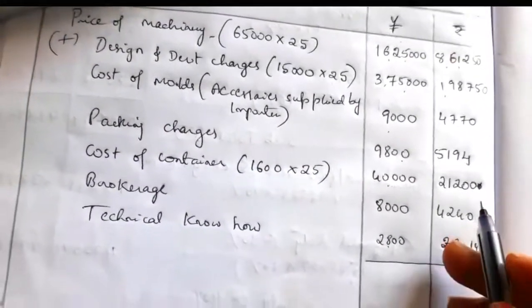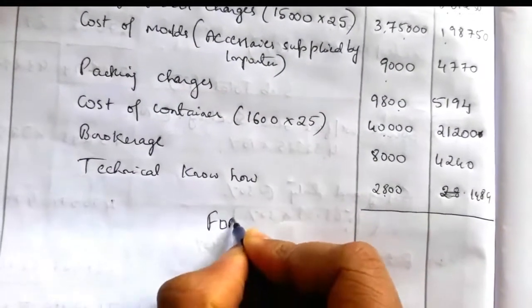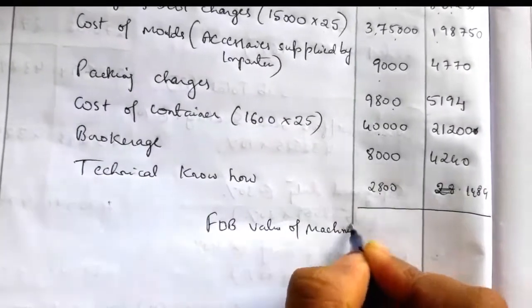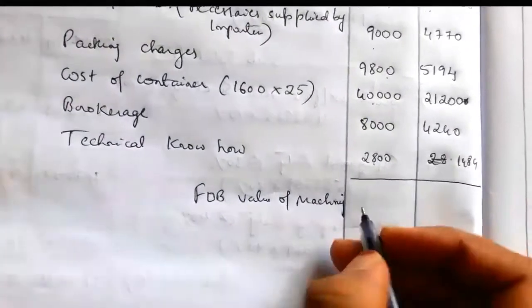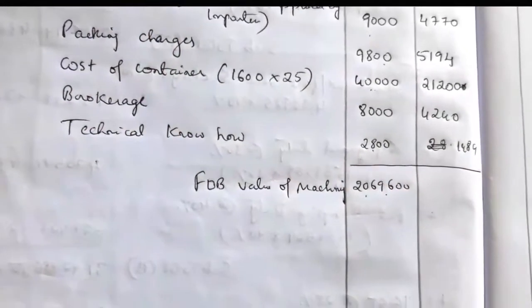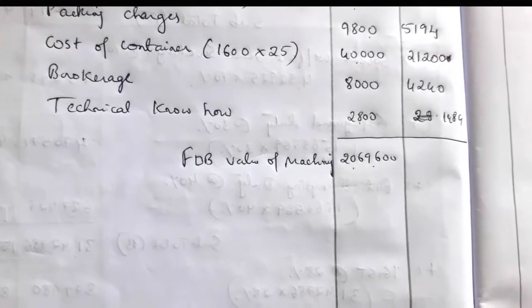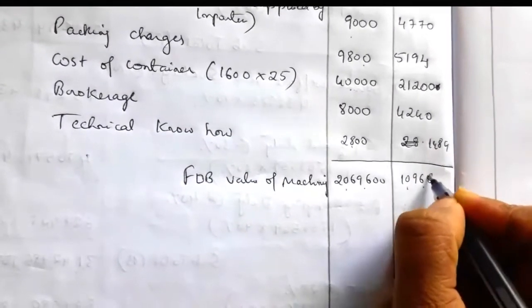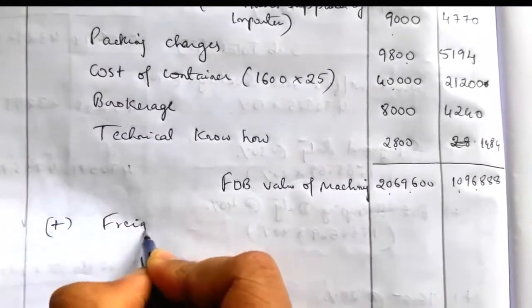The total is nothing but the FOB value of machinery, which is equal to 20,69,600 in the yen column, and in the rupee column 10,96,888.